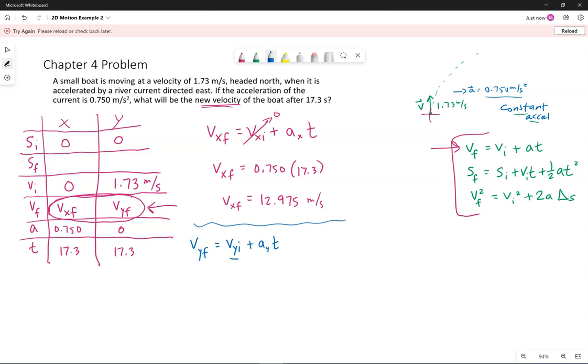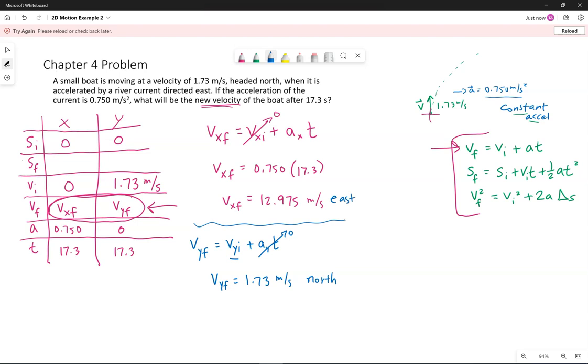We know there's a y velocity initially, but with the river current, the acceleration is to the east. There's no northward or southward component, which tells us that Vy final, the boat will still have a velocity of 1.73 meters per second that is northward.